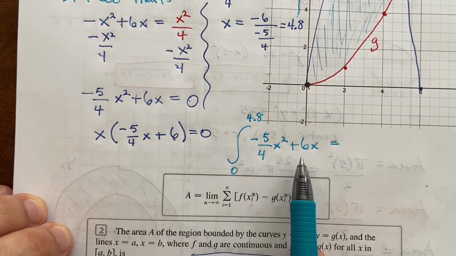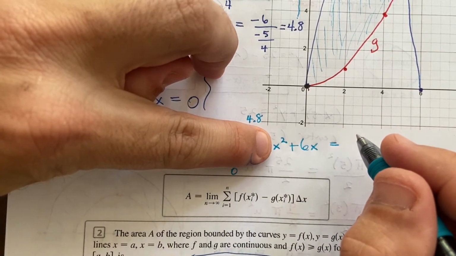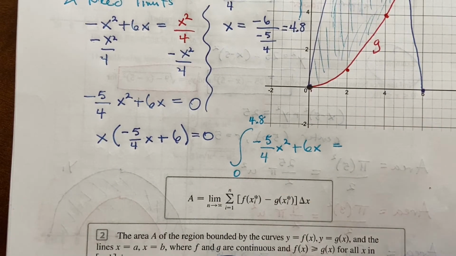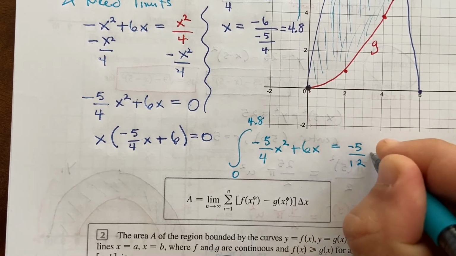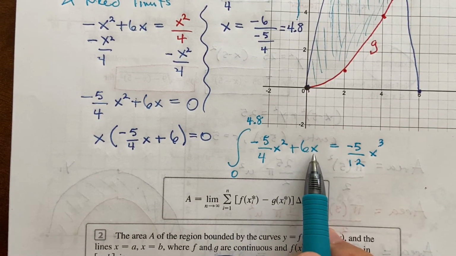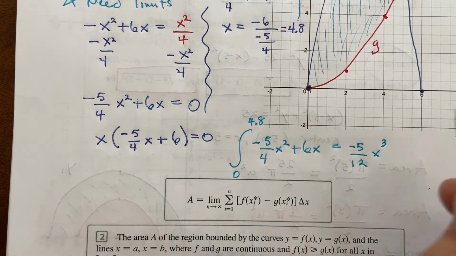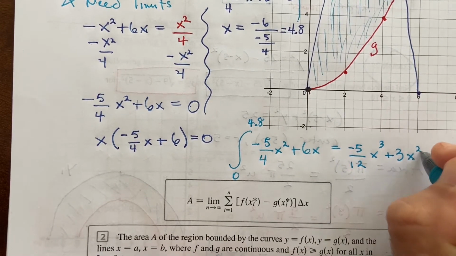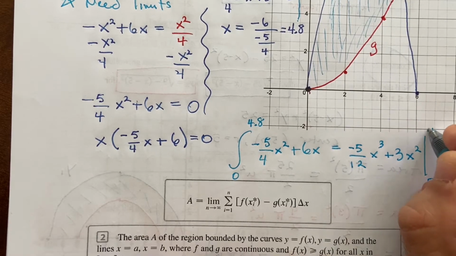So I'm still integrating this. So this would equal, so I raise the power by 1, that'll be a 3, divide by that new power. So that ultimately will be negative 5/12 x cubed. Same kind of thing here. We raise the power on x by 1 to get a 2, divide by that new power. So I'll have plus 3x squared, evaluating from 0 to 4.8.